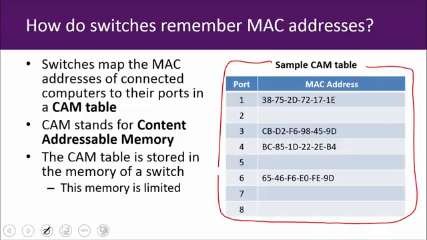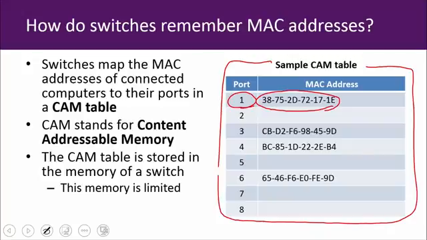And note that if you have port 1, you're going to see that this MAC address right there is associated with it, and so on. Okay. The memory of a CAM table, though, know that that memory is limited. And so there's communication that occurs between a laptop or a PC and the switch that it happens to be connected to, where each device is going to send its MAC address onto a switch.